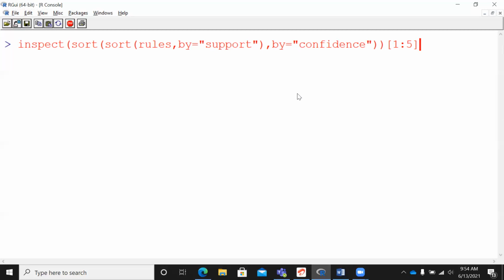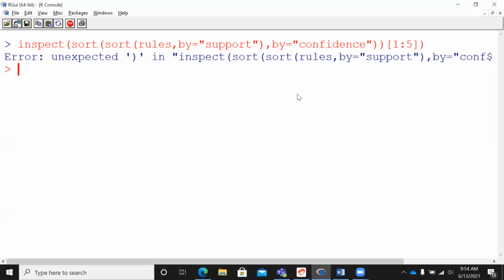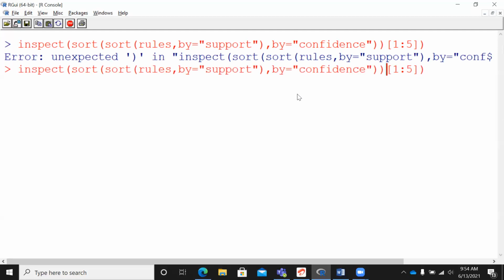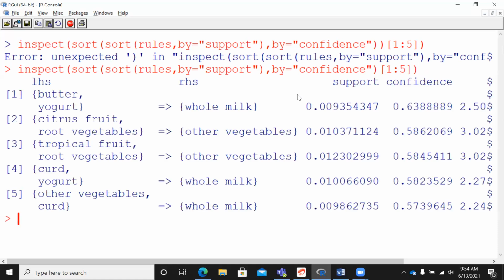I can close the bracket here. I don't need to give this particular bracket. So what I've done here is I am sorting the rules by support and then by confidence.